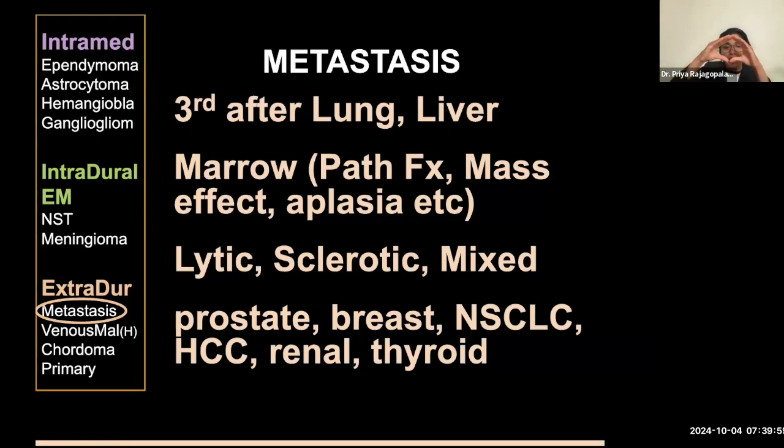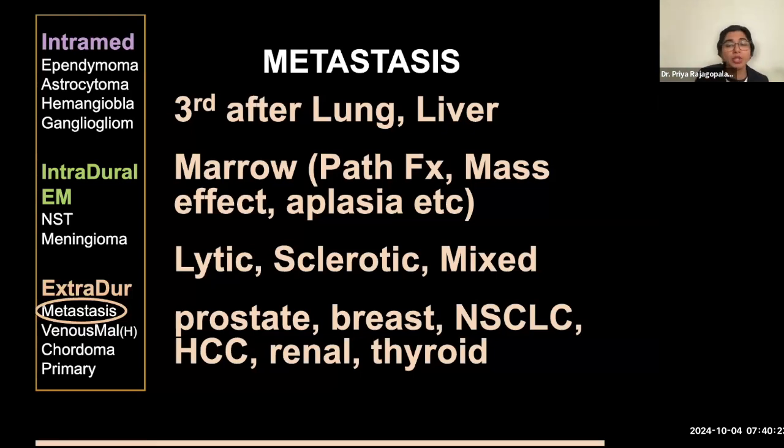And because of that pathological fracture, as you can imagine, it's going to push the adjacent spinal cord, can have mass effect on the spinal cord, right? And things like that. And then the Mets can be bone forming, or they can be bone lysing tumors. So they can be lytic in appearance, or they can be sclerotic in appearance on CT, or sometimes they can be mixed. They can lyse bone in certain regions, and be bone forming in certain others.